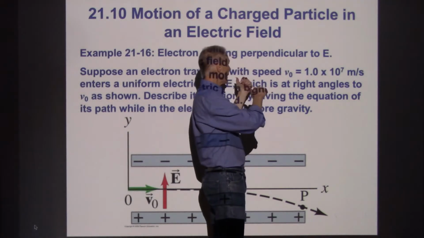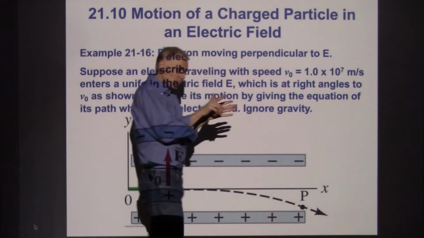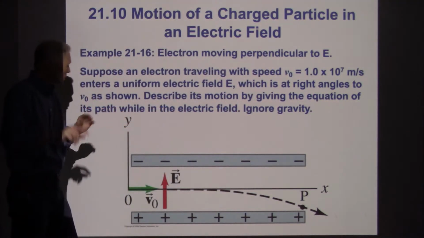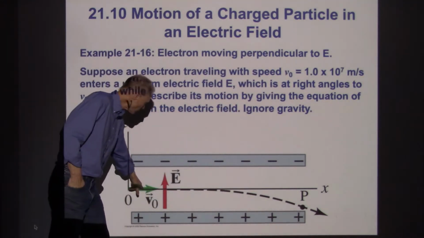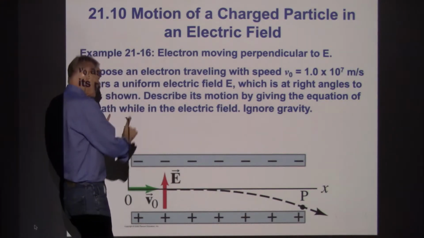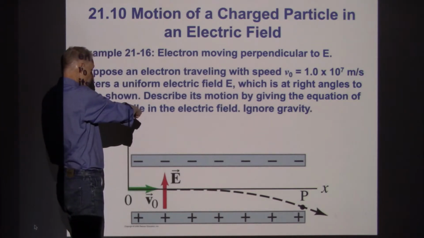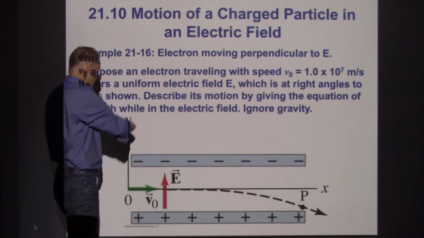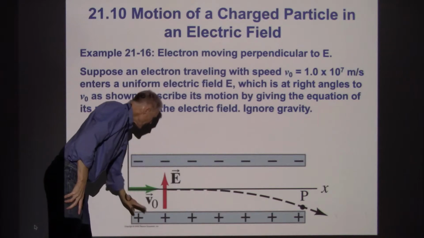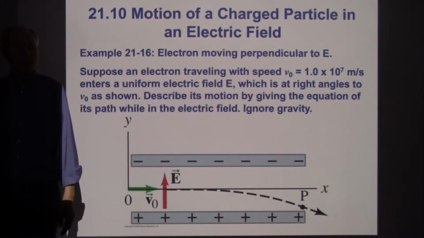Maybe we've accelerated them from the previous problem, but now these electrons are going to get pushed to the side. We're going to send them in this orientation through the electric field. Well, the electric field is this direction, so the force on the electrons, they're negative, will be towards the positive plate. What that's going to look like is kind of like projectile motion.